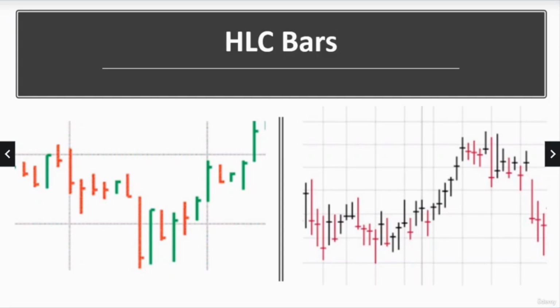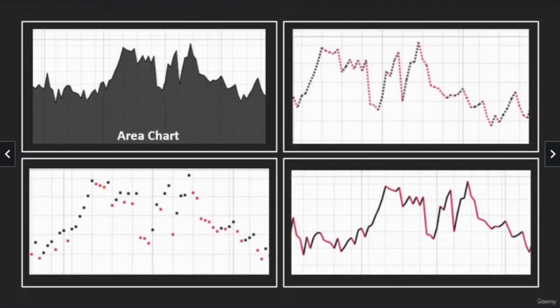That's why, me personally, I like the way on the left because it's real clear to me. But if you like the way on the right, that's okay too. Other ways that you can represent price as well are things like an area chart, where you're pricing things out and then having shading underneath the price.